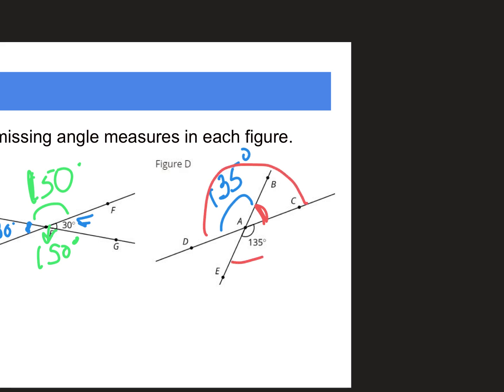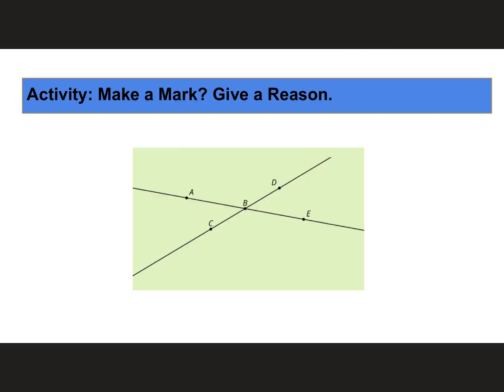It wouldn't matter which set you chose. Either way, because that's 135, this must be a 45-degree angle, which means that the vertical angle from it is also 45 degrees. Okay, not too bad. Hopefully you're able to get all those on your own.